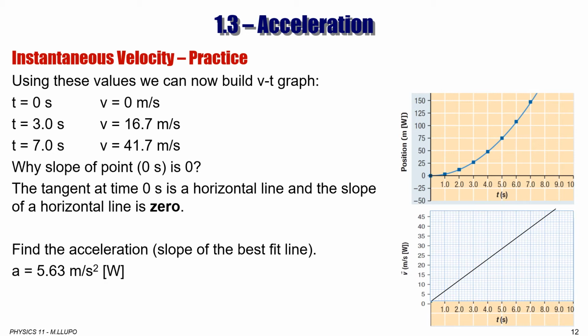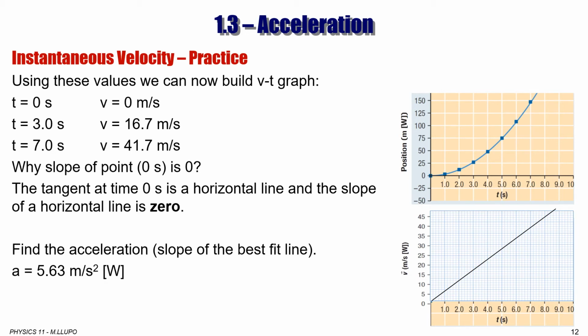So let's summarize this. You can pick 3 or 4 points there. You draw a tangent at those points, calculate the slope, get those values, and build a velocity time graph with a time axis exactly the same as the position time graph.